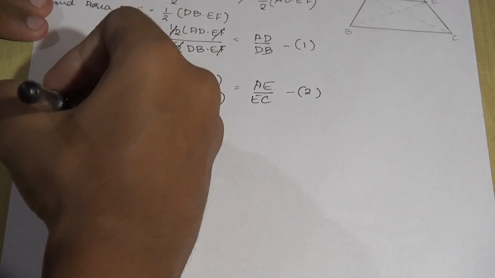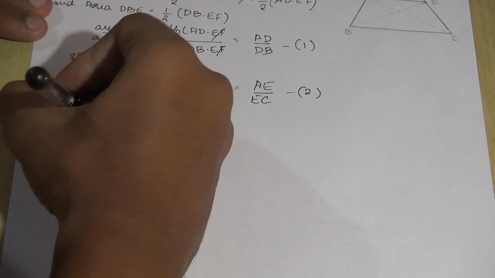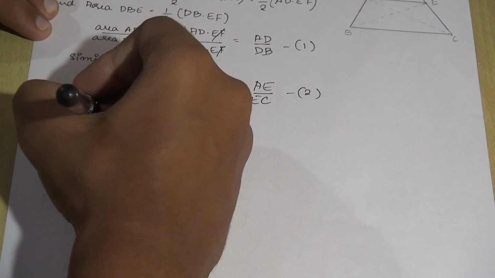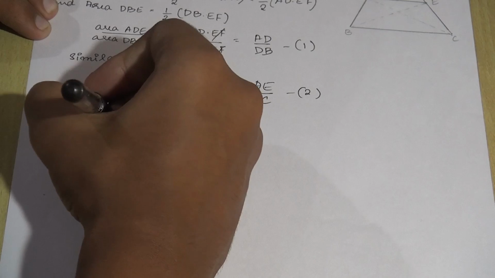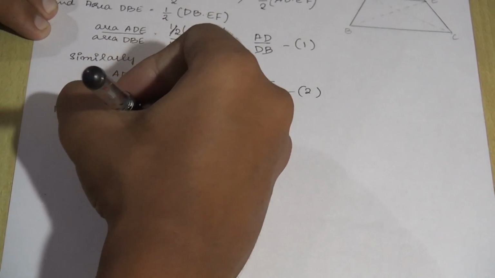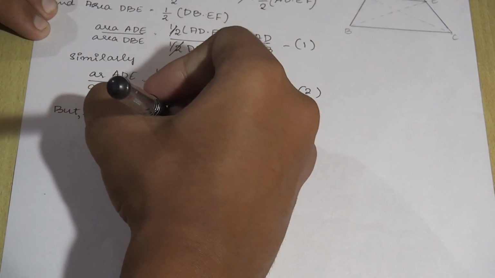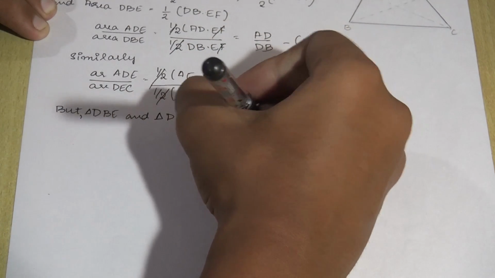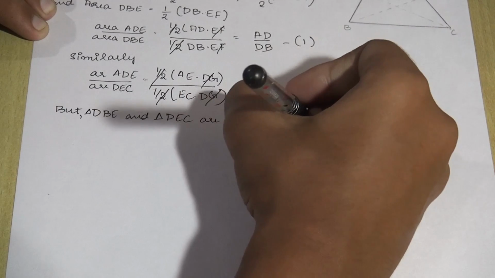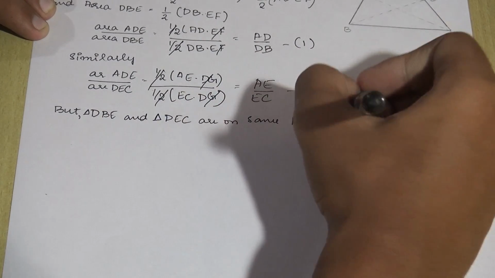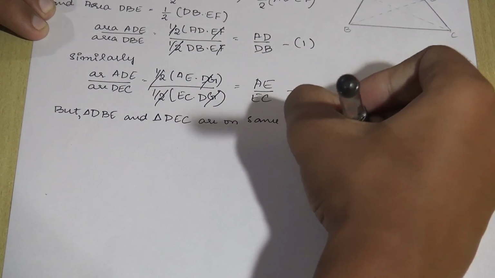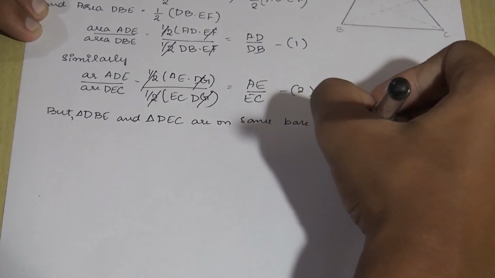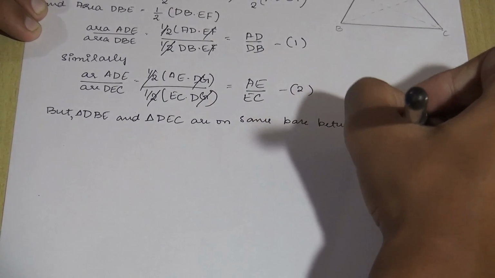But we know that triangle DBE and DEC are on the same base, between same parallels. So we know their areas are equal.